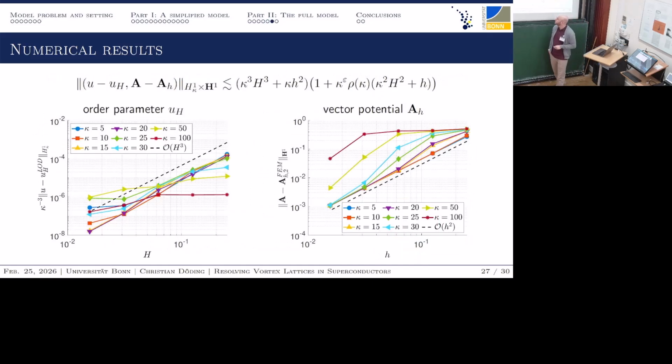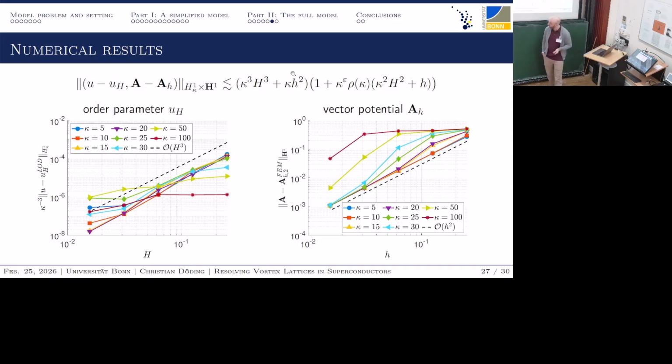We can do error plots as well. We observe again nice convergence polluted by different errors in the order parameter, and obtain convergence in the vector potential A. However, there is no scaling with kappa here, and we really do not know if we are optimal in this kappa scaling in the vector potential.